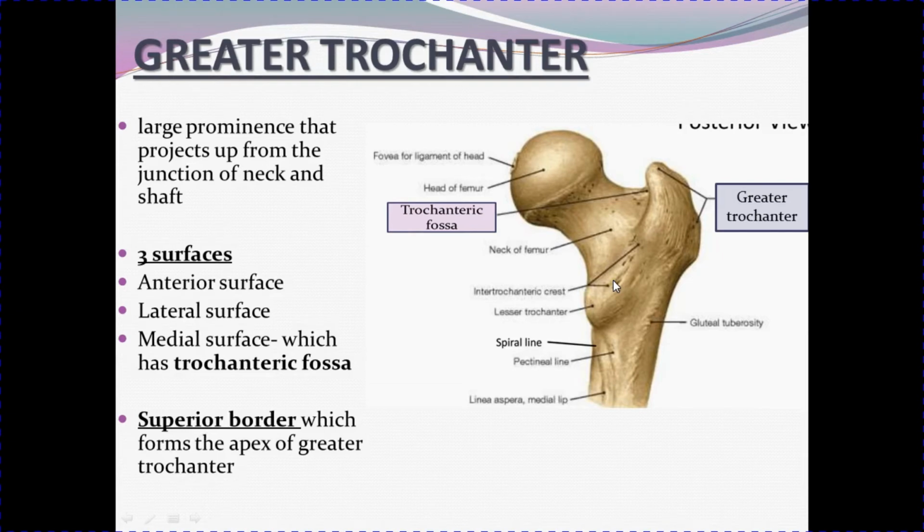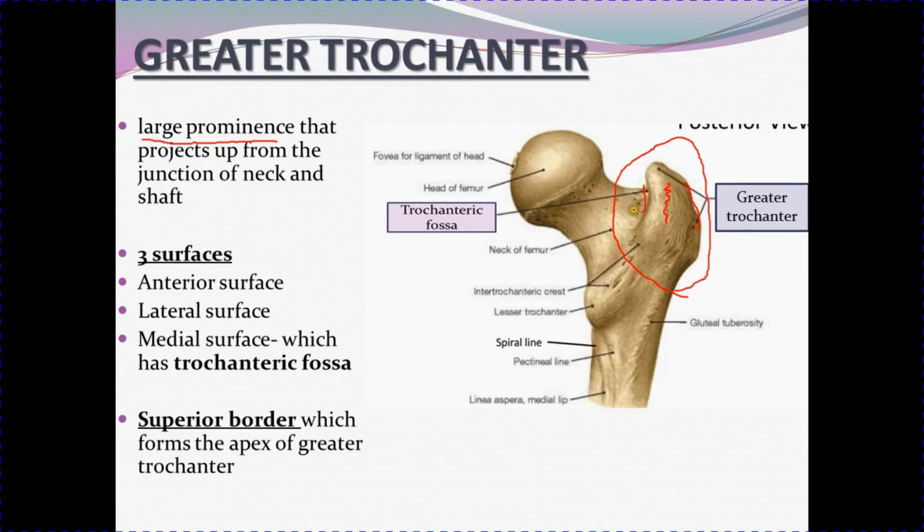The next feature which is present in the upper end is the greater trochanter. The greater trochanter is a large prominence that projects up from the junction of neck and the shaft. It has three surfaces: an anterior surface, a lateral surface, and a medial surface.